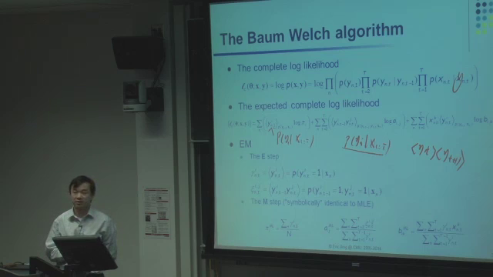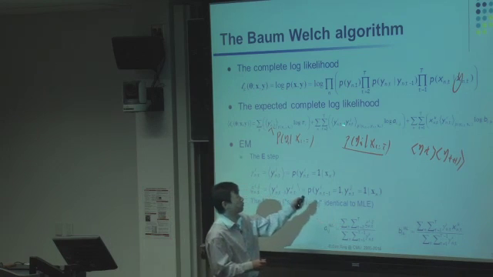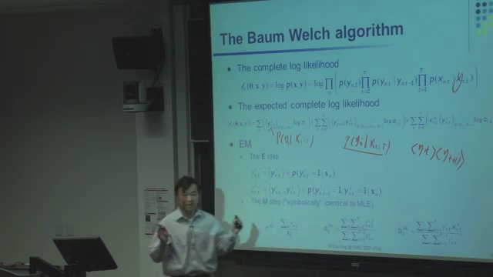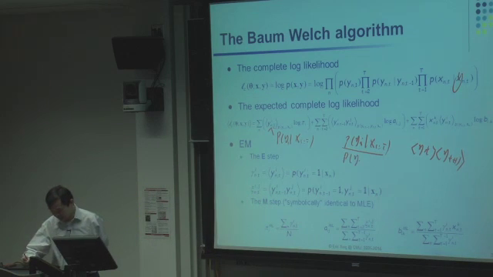That's a suggestion one would easily adopt. Unfortunately, this is wrong, because this does not equal this. What you really need to compute is P of Y T and Y T plus 1 given the entire sequence.